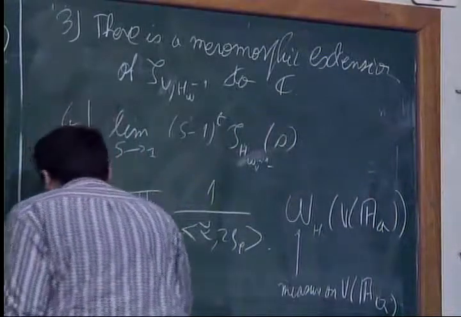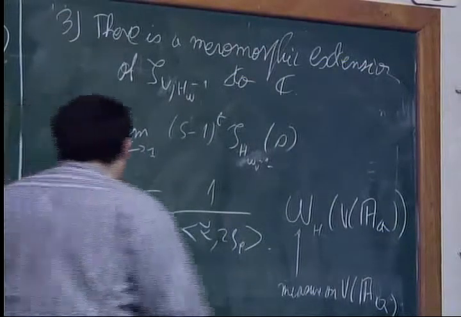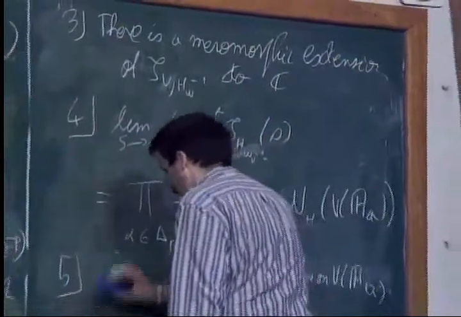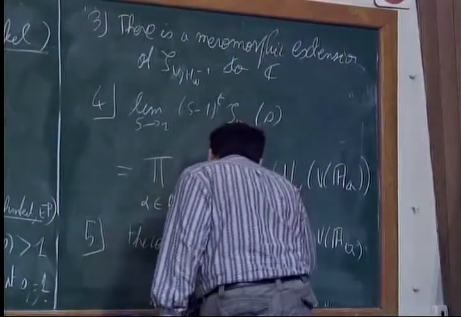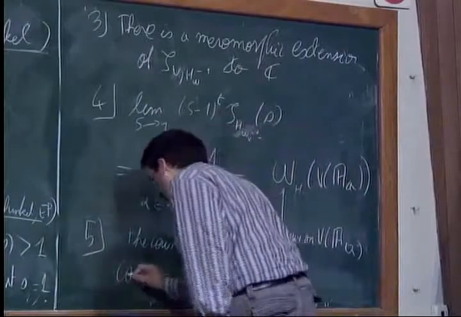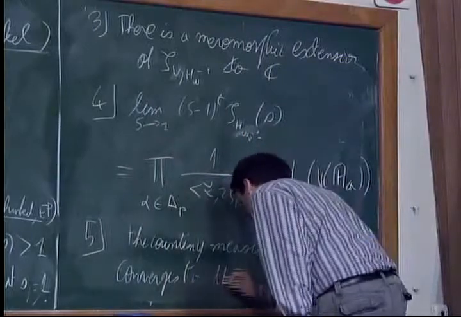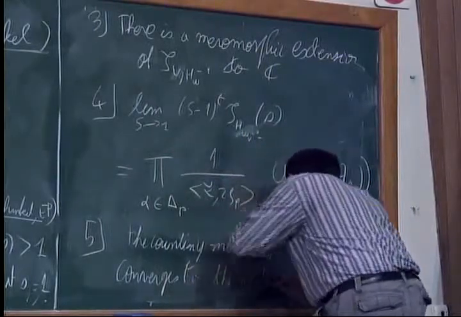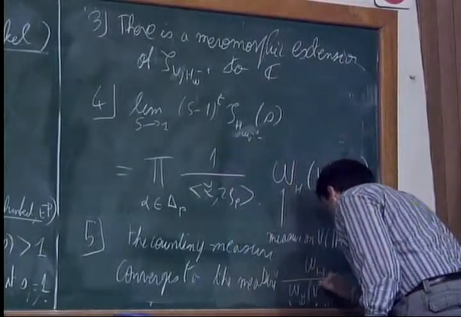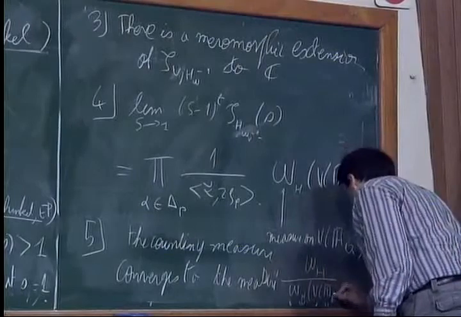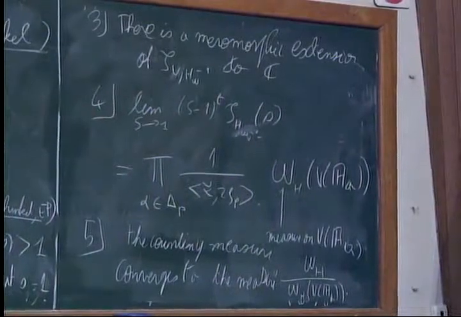And, still using the work of Langlands, you can prove that there is equidistribution, namely that the counting measure converges to the measure, up to normalization, omega h divided by omega h of V of A_K, which is a very nice continuous measure.